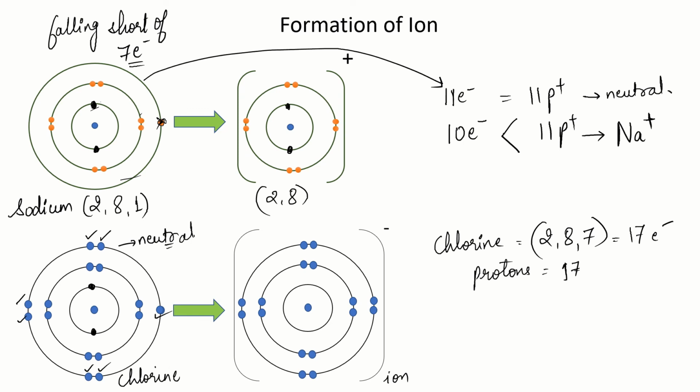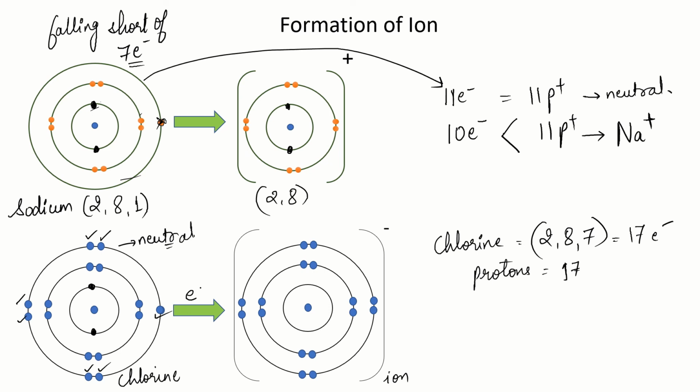Again, when you come to the energy costing, the energy that chlorine has to spend to lose 7 electrons is much higher than the energy required to gain 1 electron. So what is economical for chlorine is to gain 1 electron. So it will gain 1 electron.